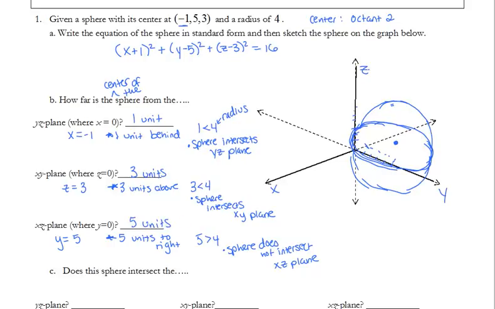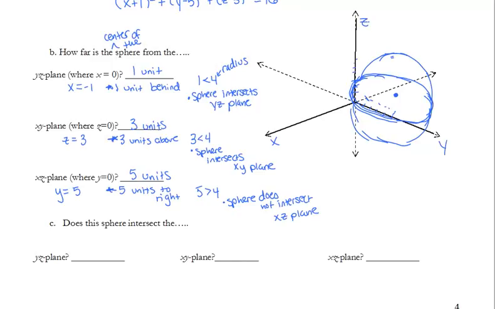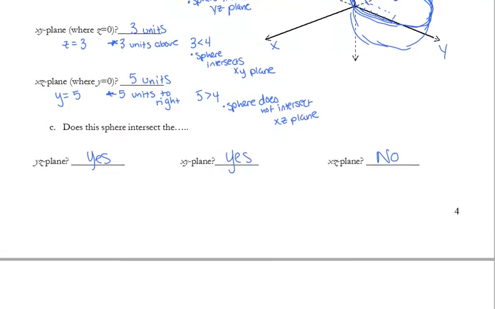So those are extra things to think about. So we already answered these questions. Does it intersect the YZ plane? Yes. XY plane? Yes. And then the XZ plane? No, right? Because 5 is bigger than those 4 units.